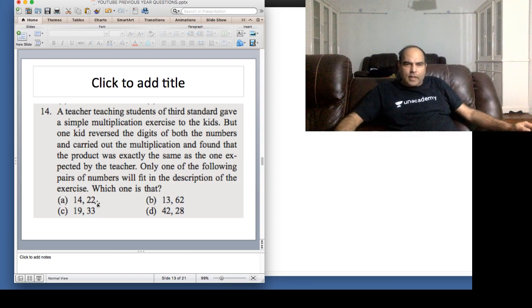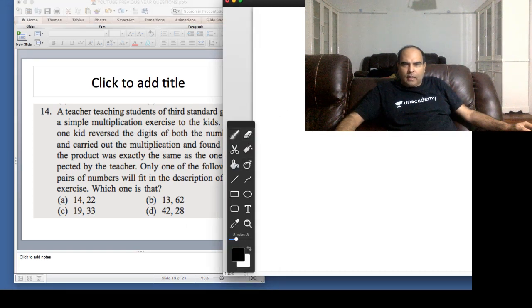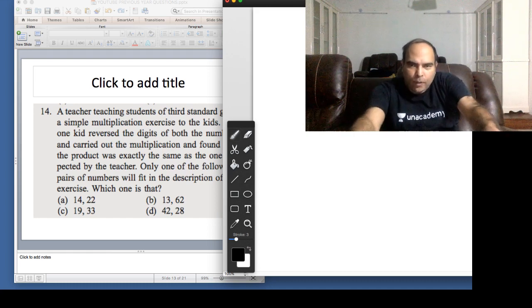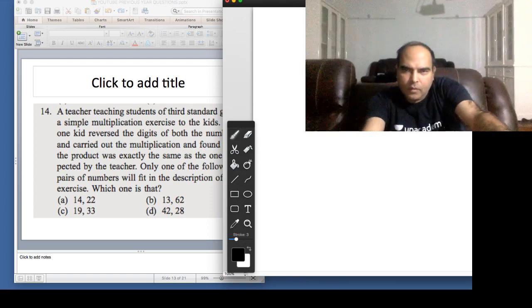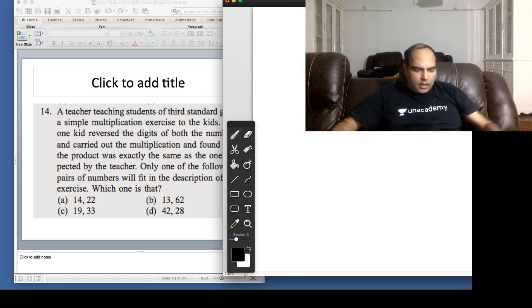If you look at this question, what it is saying is that the teacher has a number AB and is multiplying it with another two-digit number CD, where A, B, C, D are digits. What the student has done is BA into DC instead of AB into CD, and that gives the same product.